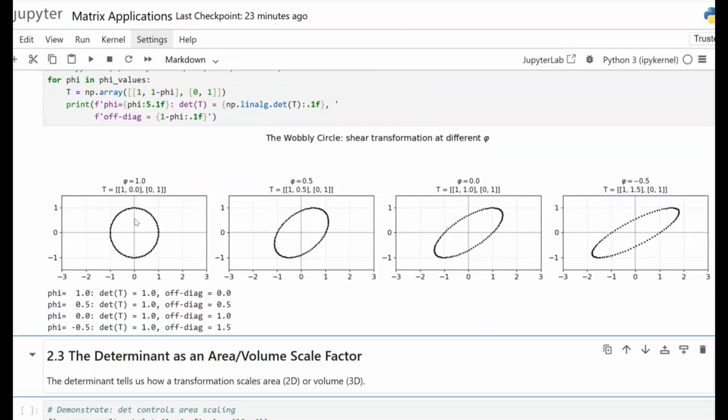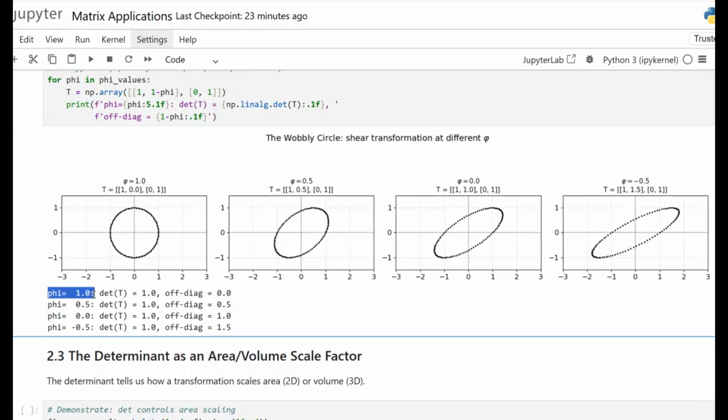Kindly observe, dear friends. As I have already said, pi is 1, and kindly see here, the determinant of T is also 1, and the circle is undistorted. As this pi value decreases, the off-diagonal element, that is 1 minus pi, introduces shear.